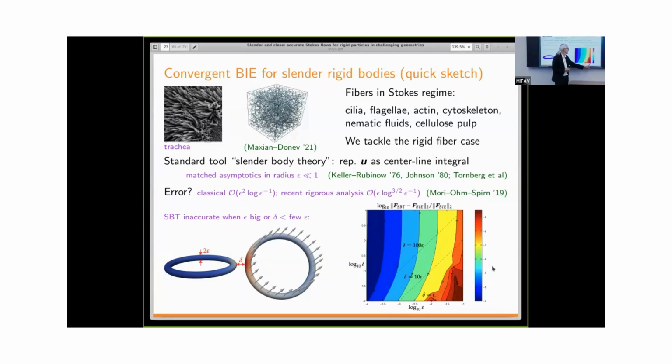The right-hand side is 10 to the minus 1, so a tenth. Everything is wrong, basically, there. And then the other axis is how close they are. When you're 1 radius away, it's also completely wrong. If you're 10 radii away, you can get like 2 digits, 3 if you're lucky. So that's the problem with slender body theory.